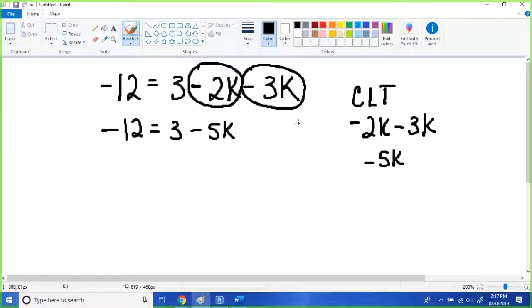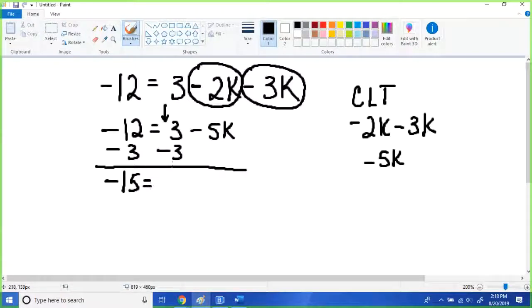Okay, we're still working to get k isolated by itself, so we're going to move the numbers away first. So I'm going to move negative 3 to the other side of the equal sign by doing the opposite operation. If there's no sign here, we assume that it's positive. Okay, working left to right, a negative 12 and a negative 3. If you add these two together, you take the sign of the biggest number. If the signs are the same, you add.